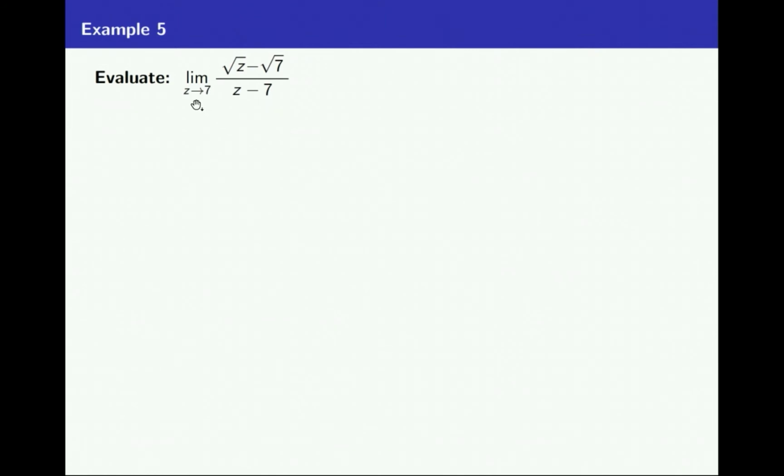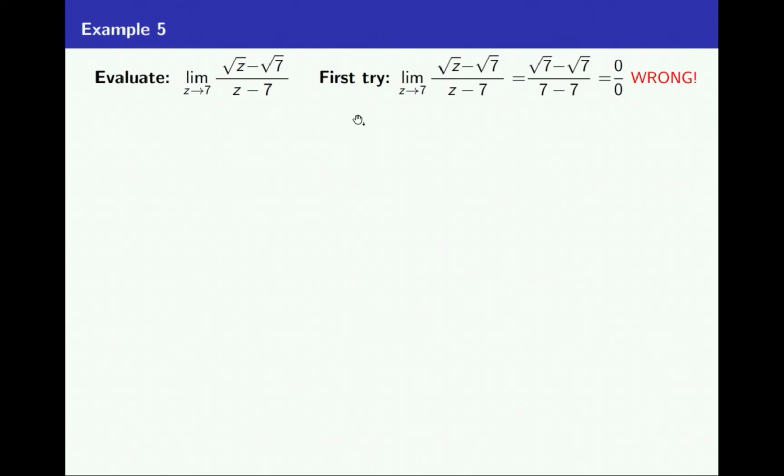Example 5. Evaluate the limit as z approaches 7 of the square root of z minus the square root of 7, divided by z minus 7. So here in our first try, we might just plug in z equals 7, taking essentially the limit of the top divided by the limit of the bottom, and you get square root of 7 minus square root of 7 over 7 minus 7, or 0 over 0, which is clearly wrong.